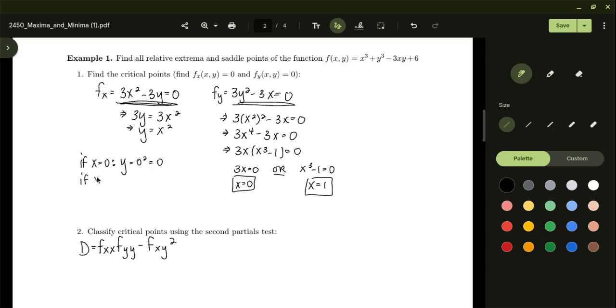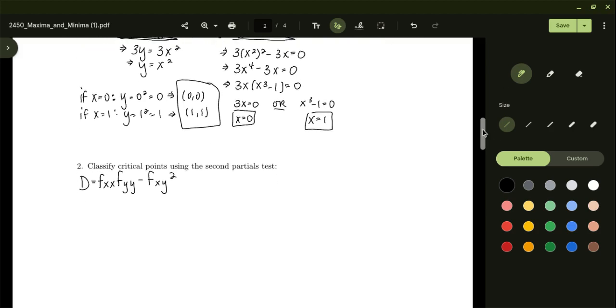And if x equals 1, we get y equals 1 squared, which equals 1. So now we have a critical point 0, 0, and 1, 1. So we have two critical points that we're going to have to use the discriminant second partials test on.